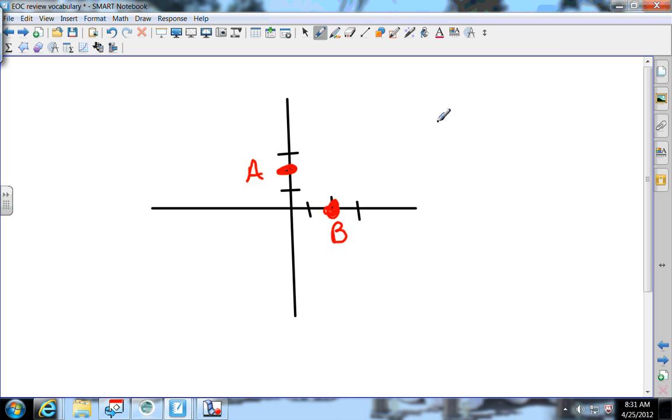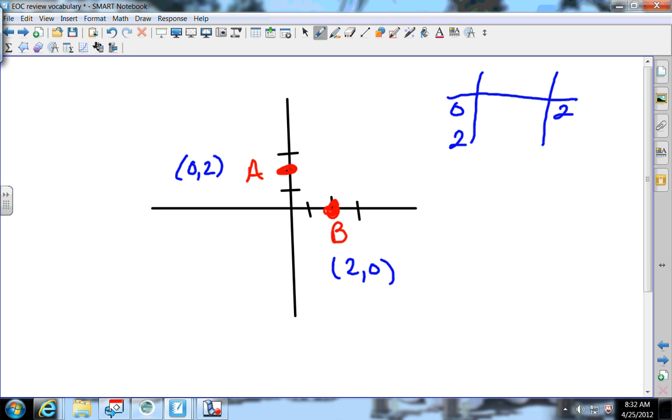One thing you could do is build a table. This ordered pair right here is 0, 2. This one right here is 2, 0. You could put this in the table and do delta y over delta x. You can find it that way.